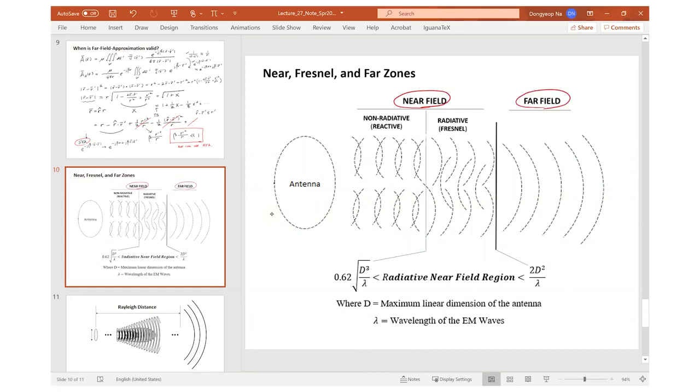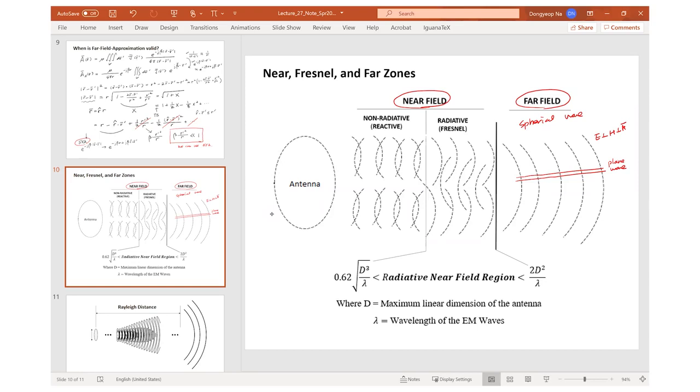Of course, in the far field, we know that the radiated field can be approximated by a spherical wave. If you look at this spherical wavefront locally, then it's almost like a plane wave. The property of a plane wave is that the electric field is perpendicular to the magnetic field, and they are both perpendicular to the propagation direction.